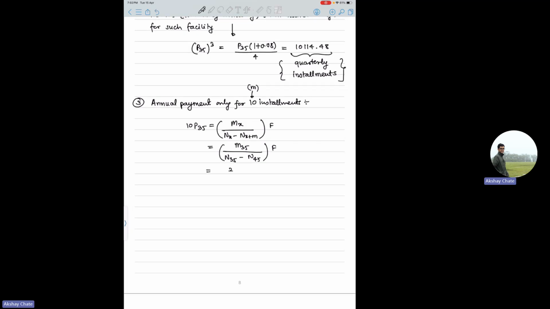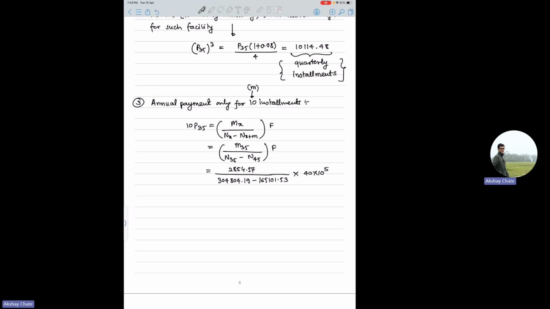M35 is 2854.57 divided by N35, that is 304,804.19 minus N45. Now we need to find N45 from the table, and that comes out to be 165,101.53 into 40 lakhs.